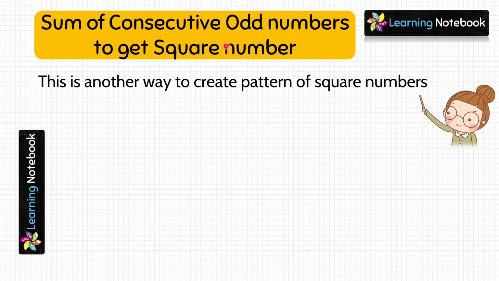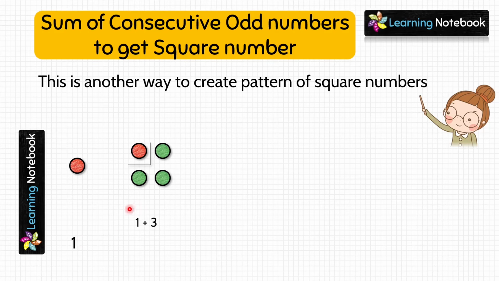Again, let's take some bindis. This time, take some red as well as green bindis. So here let's first put one red bindi, which means 1. Next, let's put one red bindi and 3 green bindis.